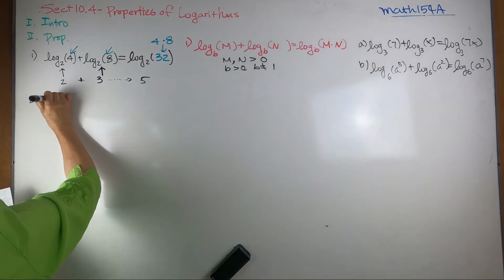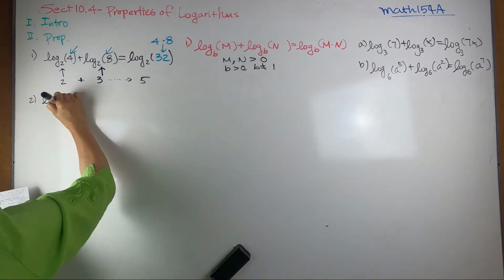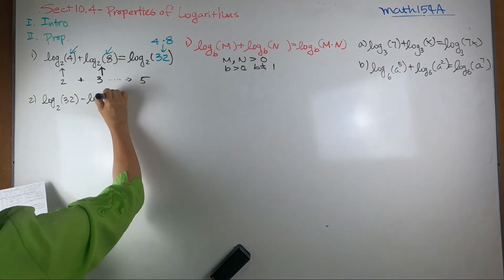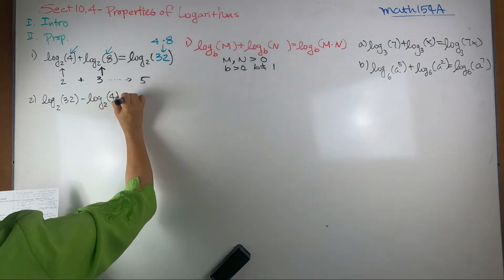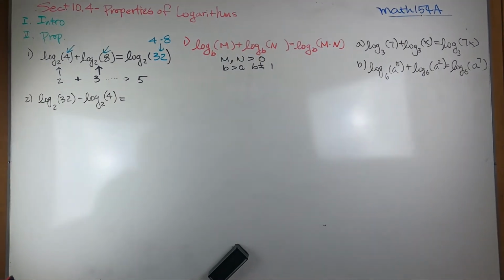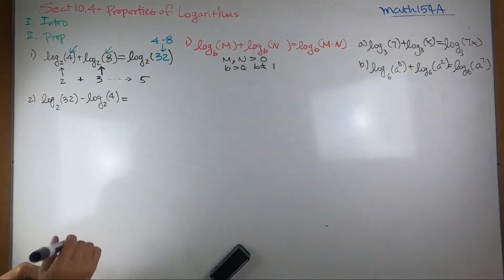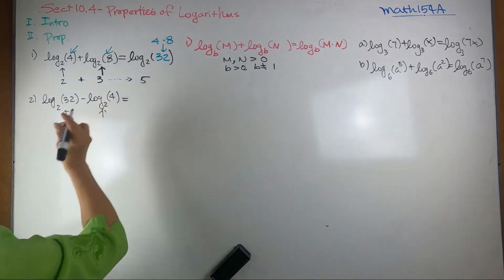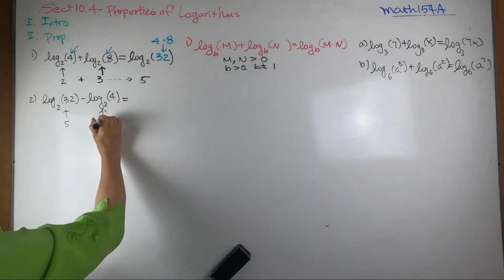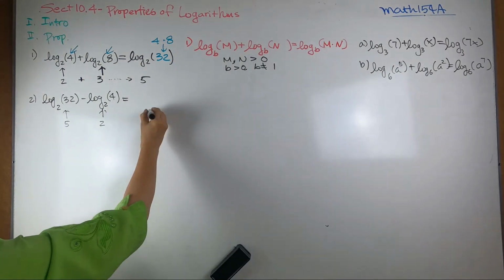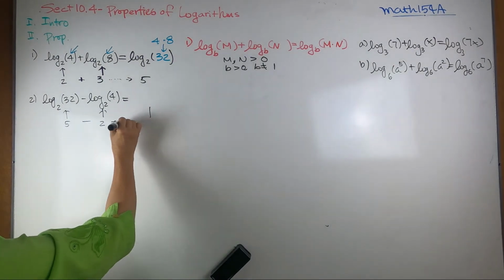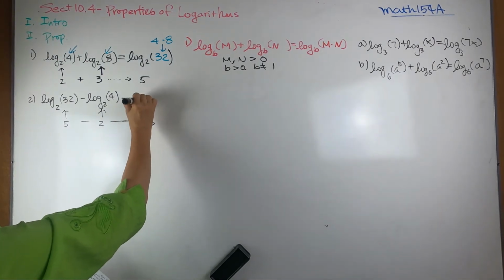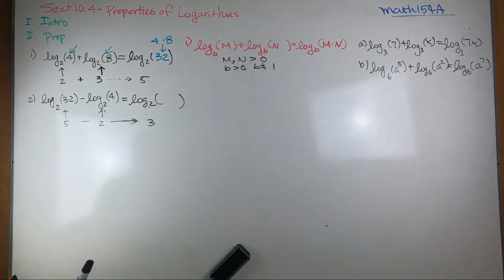How about subtraction? I'll just use base 2, so it's easy for you to see. If I have this one, what is log base 2 of 32? Fifth power, so that's 5. Log base 2 of 4 will be what? 2. So I should have 5 minus 2, which is 3. So if I have log base 2, what's inside?